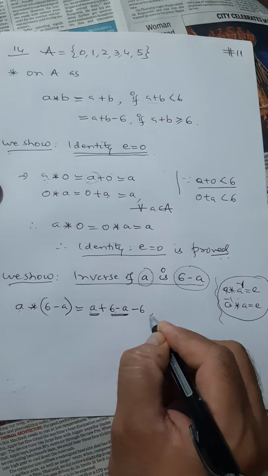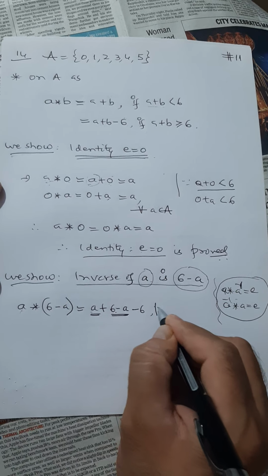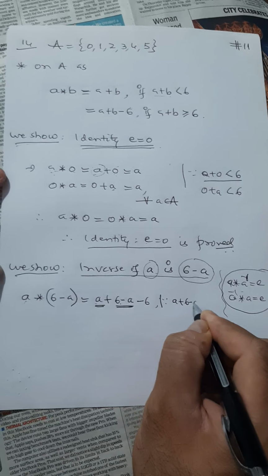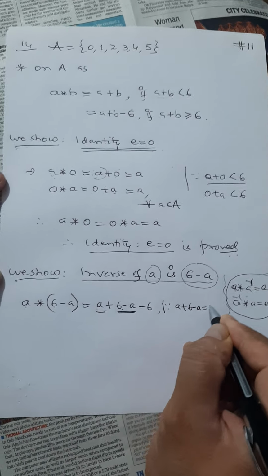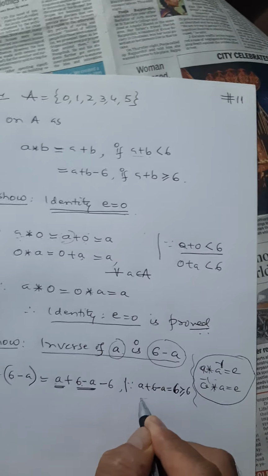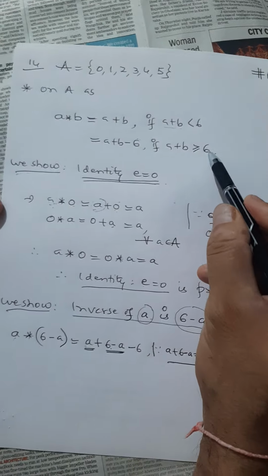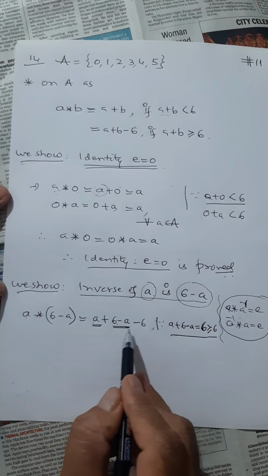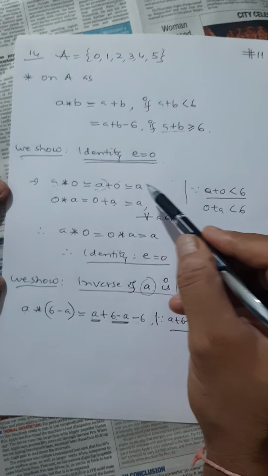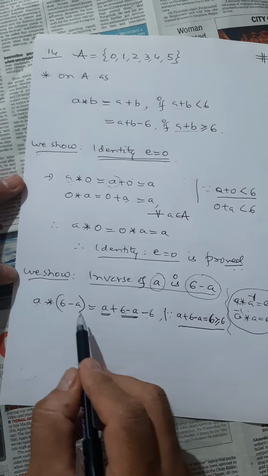The reason: a plus 6 minus a equals 6, which is greater than or equal to 6. This is the second case we are using. I repeat, why did I write minus 6? Because here the second case is applicable, whereas earlier the first case was applicable.